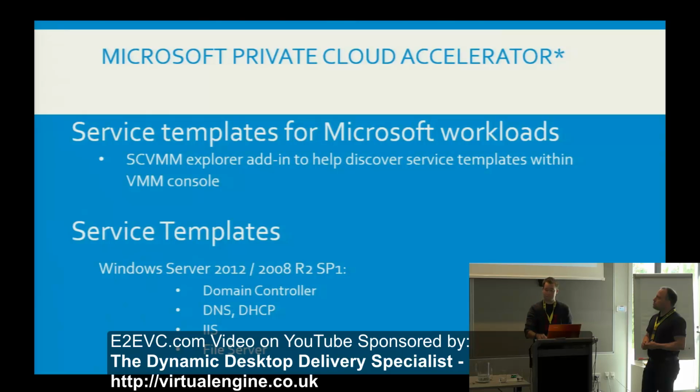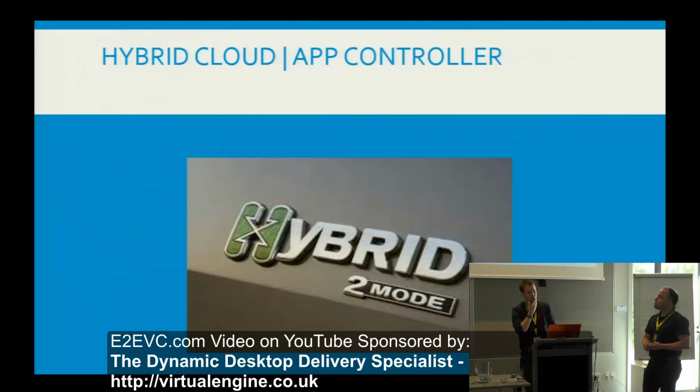There's also Linux guest support and SQL Server 2012 support as well. There's also some kind of solution accelerator which Microsoft announced, I think it even was last year. And they are creating service templates for your environment already configured, for example, domain controllers and stuff like that.